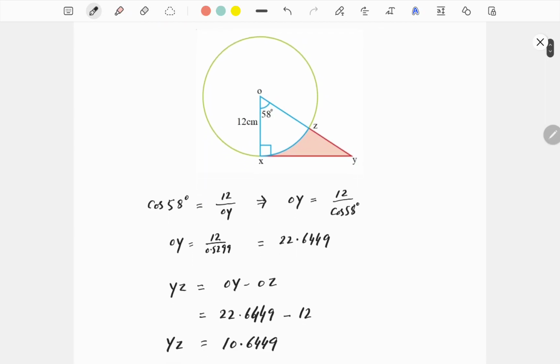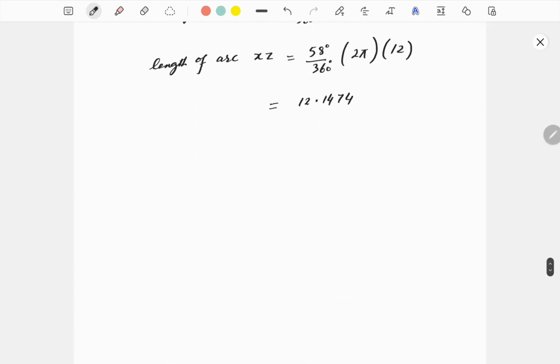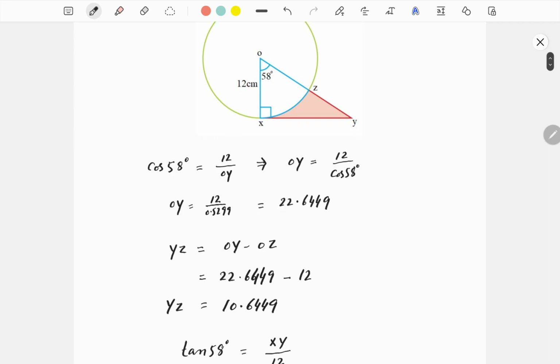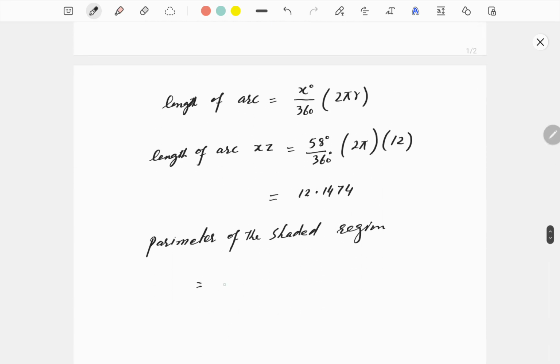We just take the sum of these lengths, and it will give the perimeter of the required shaded region. The perimeter of the shaded region is equal to the sum of XY, YZ and XZ.